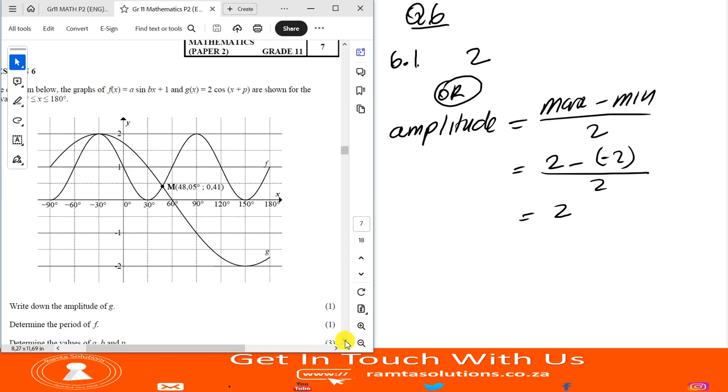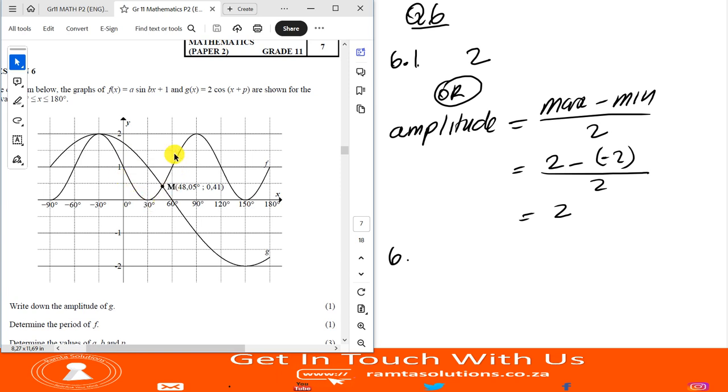Okay, perfect. 6.2, determine the period of f. When we say the period, we are basically saying when do we get a complete wave. So your function starts here. Okay, as you can see, it starts here. Between 0 to 360, it starts here. And look at this.